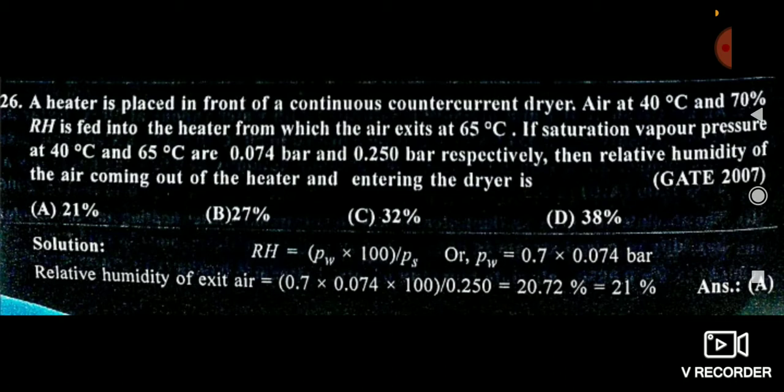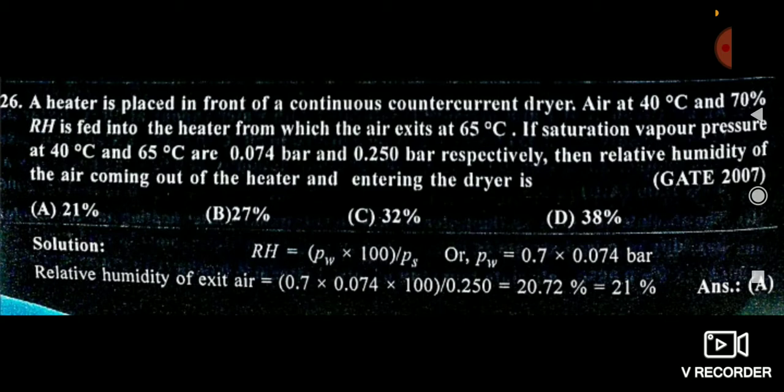And friends, you remember that the partial vapor pressure of water in a mixture is going to be constant. Means it doesn't vary within the mixture. So our partial water vapor pressure is constant throughout the process. That's why we should use this partial water vapor pressure divided by the vapor pressure at saturation at the outlet temperature.